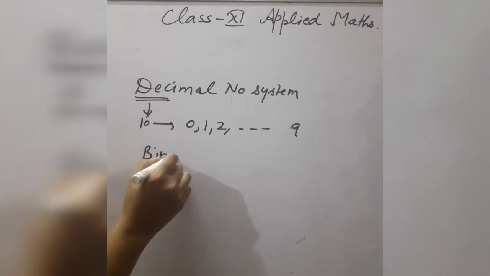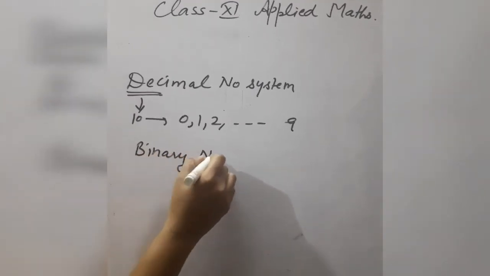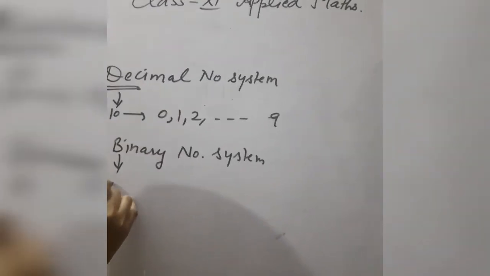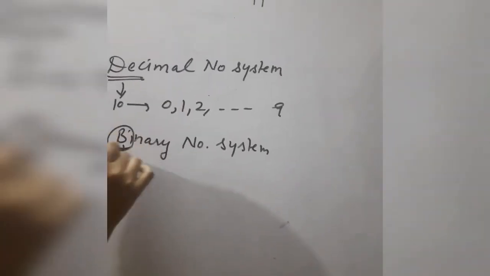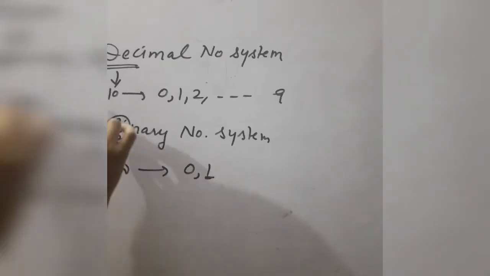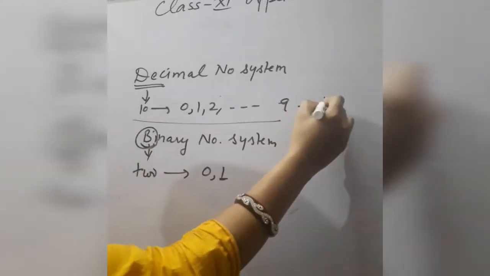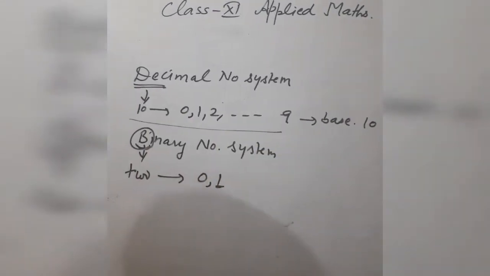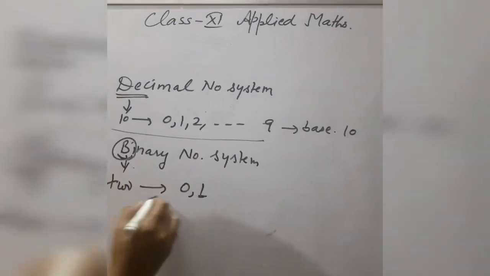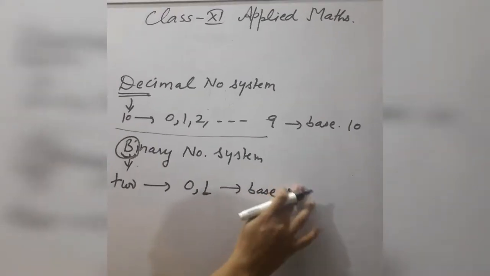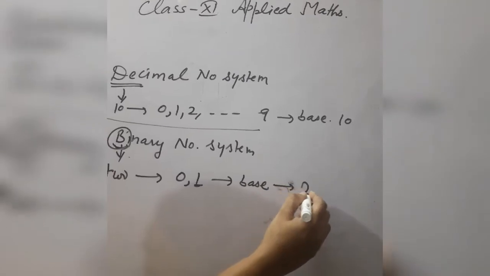But in the binary number system, only 2 digits are used, bi means 2, and these 2 digits are 0 and 1. In decimal, 10 digits are used, that's why the base of the decimal number system is 10, and in binary 2 digits are used, that's why the base of the binary number system is 2.